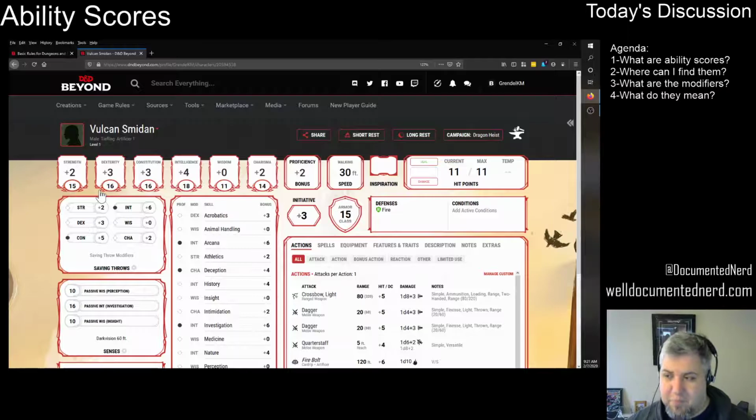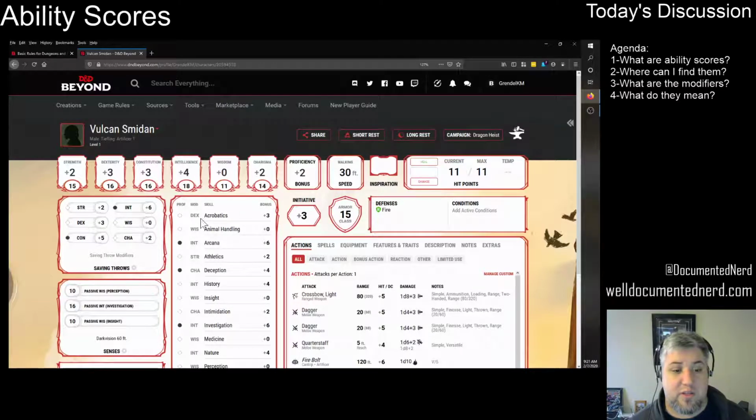Between my race and my class, I have proficiency in 2 saving throws: intelligence and constitution, which is why you see an additional +2, which is my proficiency bonus, that basically applies to each of these. So I had a +4 intelligence, I had a +2 proficiency bonus. There it is. You can tell which I'm proficient in by these black circles that, if I hover over it, say proficiency. But let's talk about how this relates to your character ultimately.